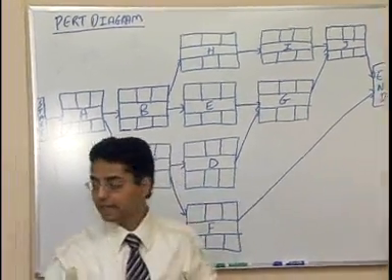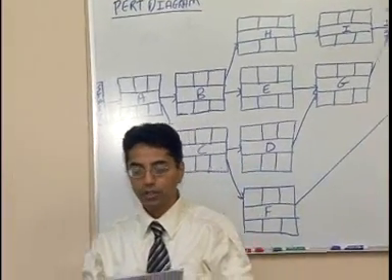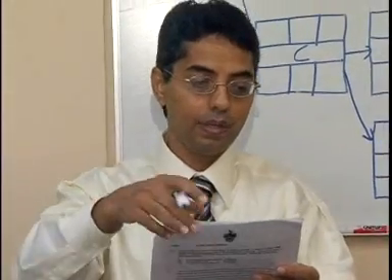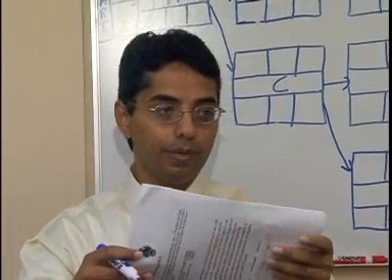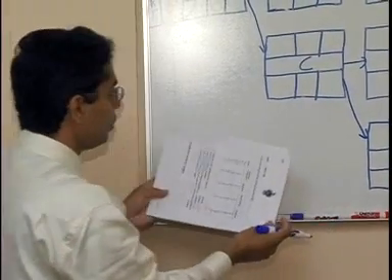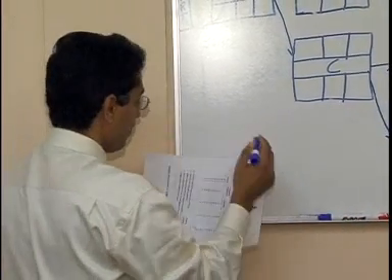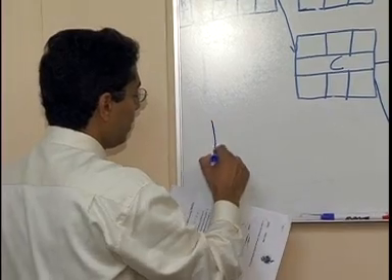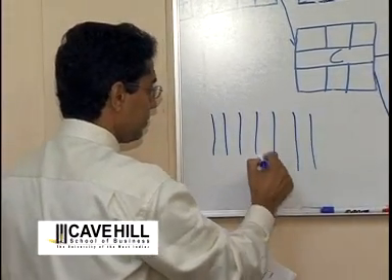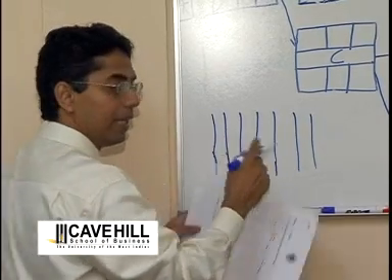Now, in an exam, what you can do is turn your exam paper landscape. When you turn your paper landscape, you would have the lines on your paper going down. This would be the lines.